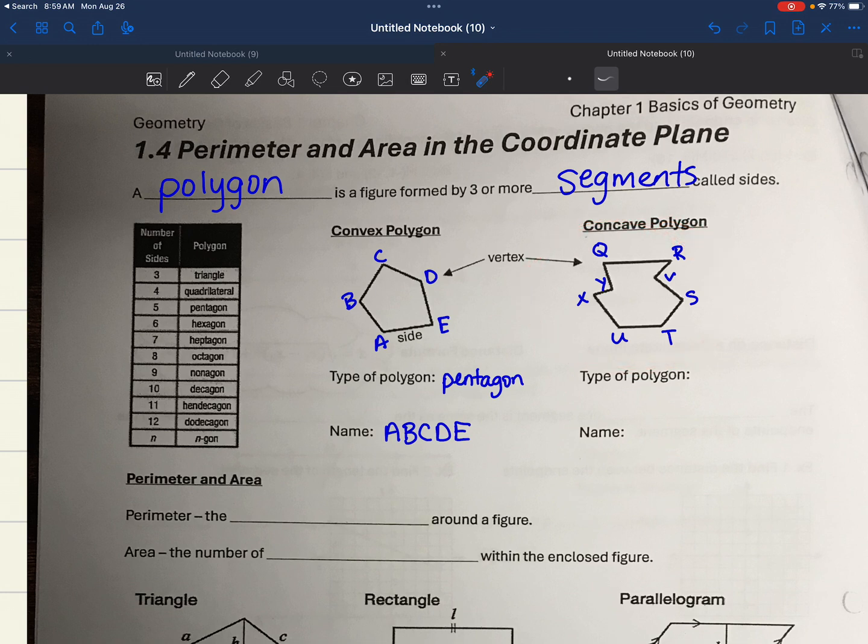So how would we name this polygon based off the number of sides? It is an octagon because it has 8 sides. And how would we name this one? U, X, Y, Q, R, V, S, T. Yeah, it doesn't really matter where you start, okay? As long as we name each one.